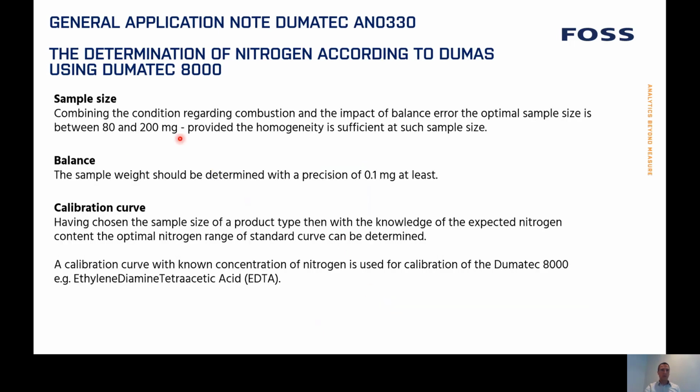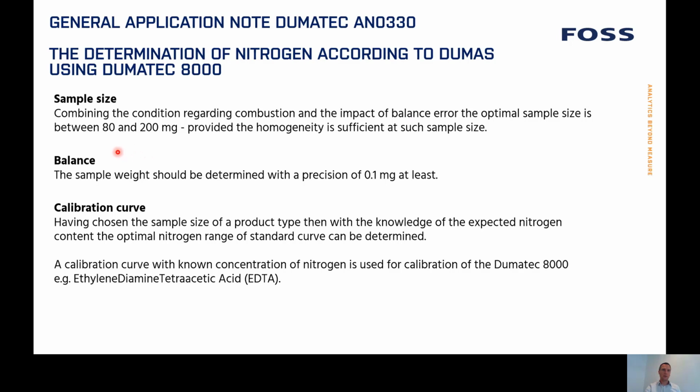The sample size should be between 80 and 200 milligrams. If you're above 200 milligrams, it can be difficult because the tin foil will be overfilled, and at 80, it's maybe too little to get a good signal for the TCD detector. It depends on the protein content of the sample, of course. The lower the signal, the more you can have in the crucible, so there's a variation.